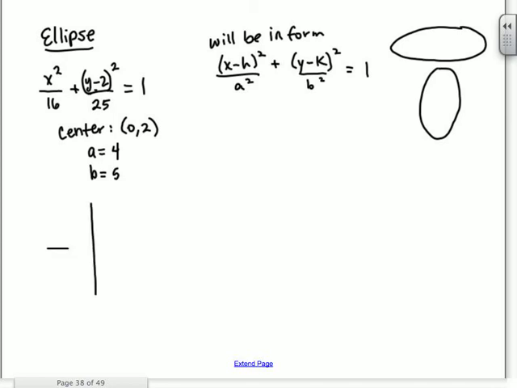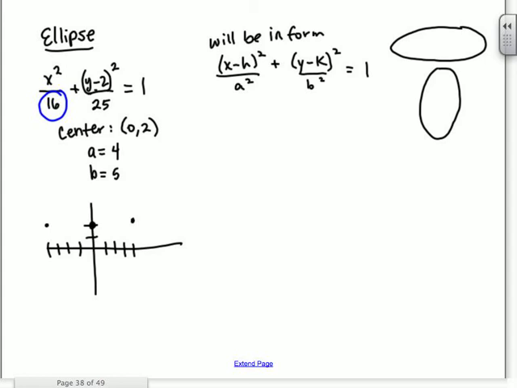All right, so the first thing that you draw is your center, so 0, 2. And then whatever was underneath your x, see how 16 was under the x? That's how far you're going to go right and left. So I'm going to go 4 right and left, because it was 4 squared. So I'm going to go 1, 2, 3, 4, 1, 2, 3, 4, there.